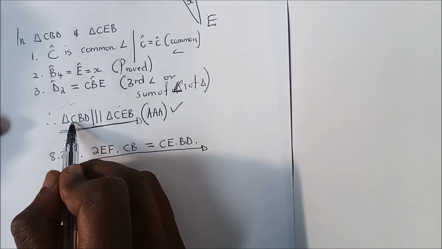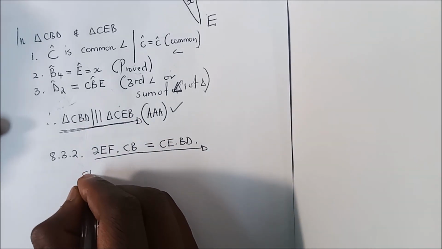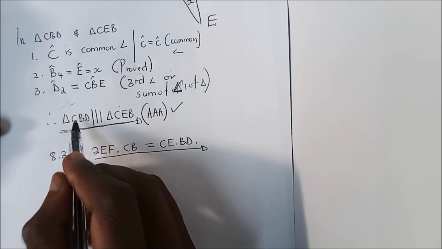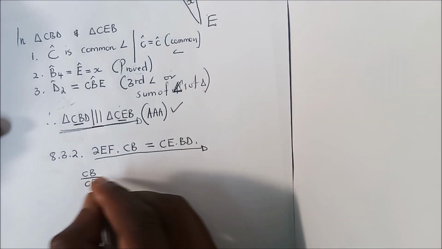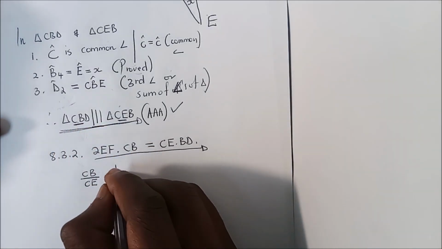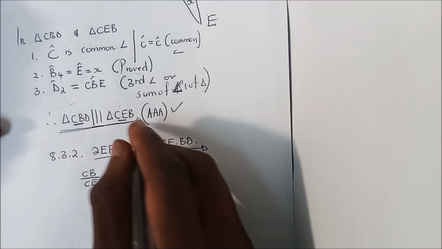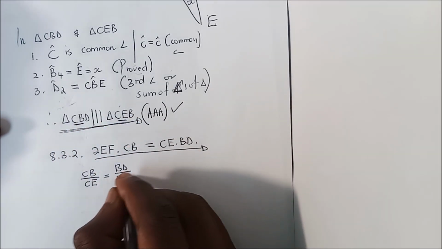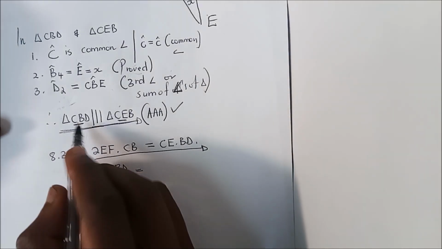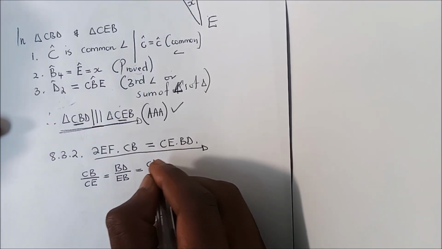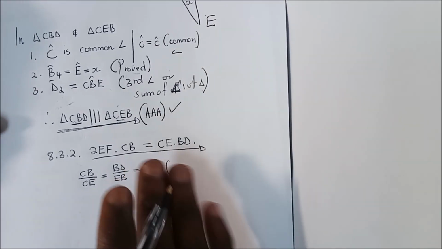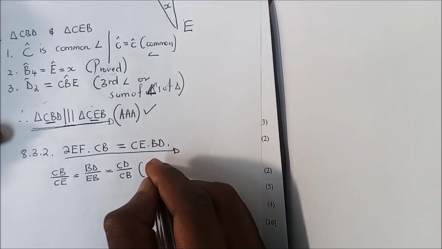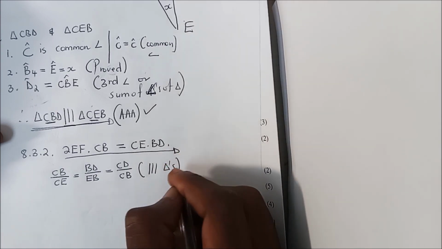So we are going to say CB over CE equals BD over EB equals CD over CB. So now what will be the reason? The reason will be similar triangles.